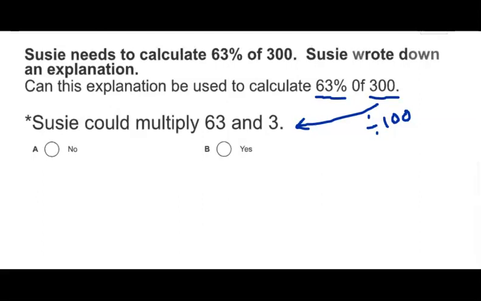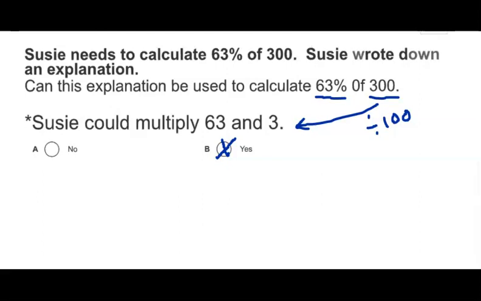As long as 63 is divided by 100, or the 300 is divided by 100, it doesn't matter. As long as you divide one of those numbers by 100, because that's percent, then you can just multiply them together. So in this situation, the answer is yes. It is correct. We could do that because dividing 300 by 100 will give you 3, and then multiplying those numbers will be the part out of 300.